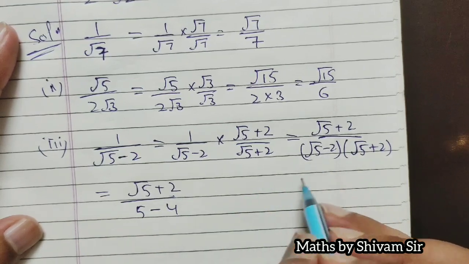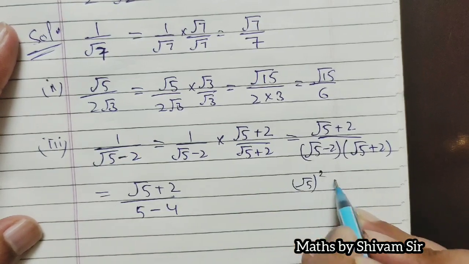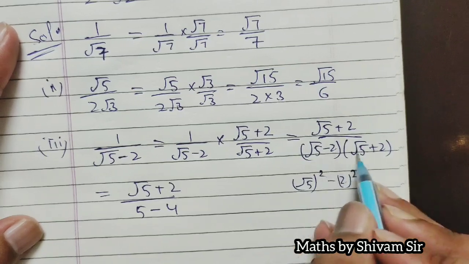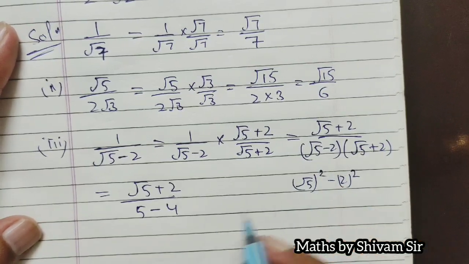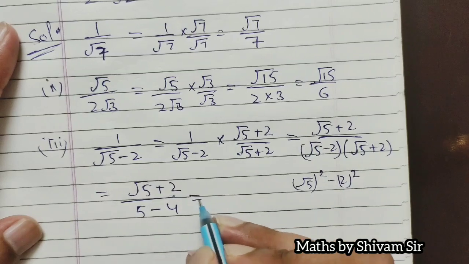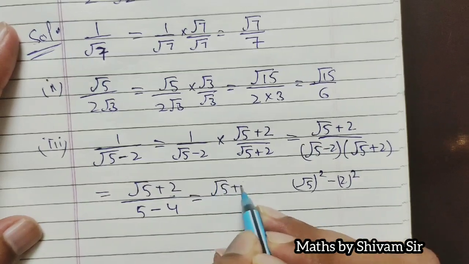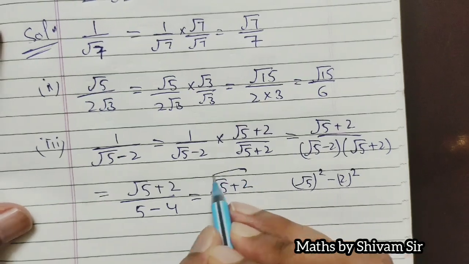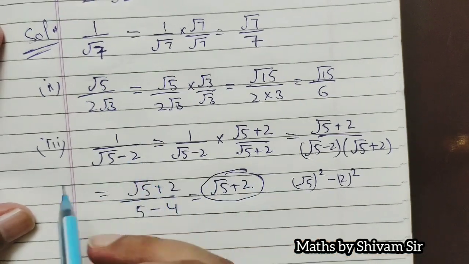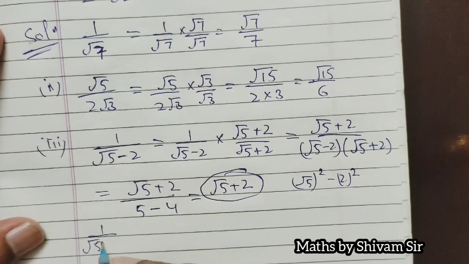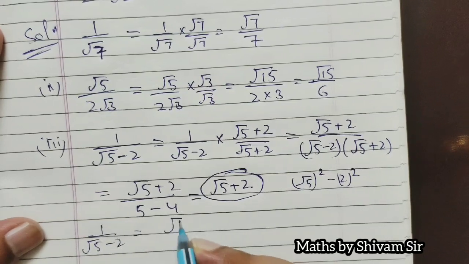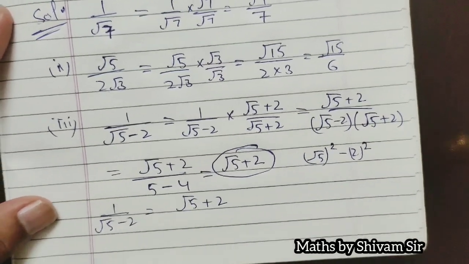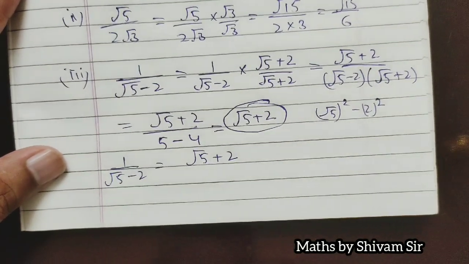The numerator stays as it is. So we can say the answer is root 5 plus 2 upon 1. Upon 1 does not matter. So the answer is root 5 plus 2. So 1 upon root 5 minus 2 can be written as root 5 plus 2. So this is our answer, right?